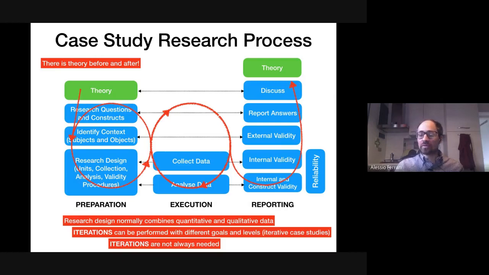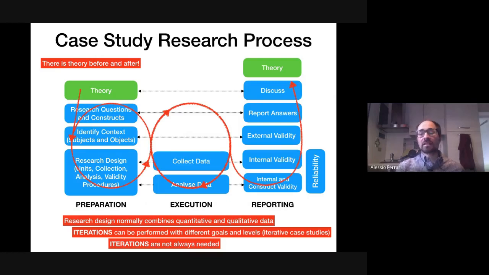For example, you develop the tool, but you want to refine it in a certain way. So there are iterations. And this is due to the fact that you normally mix different sources of evidence, so qualitative and quantitative data often. And remember that iterations can be performed with different goals and different levels. We normally speak in this case about iterative case studies. I will show you an example.